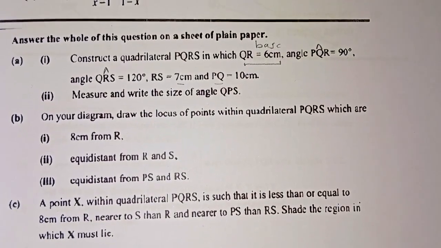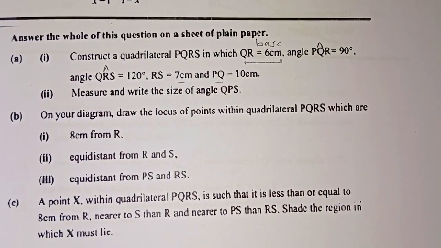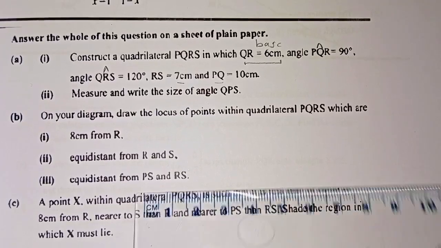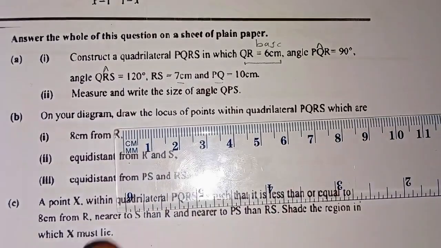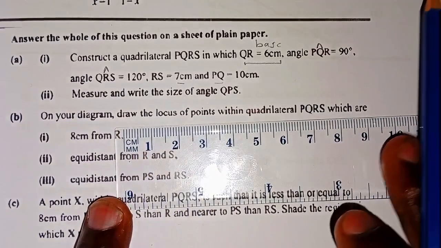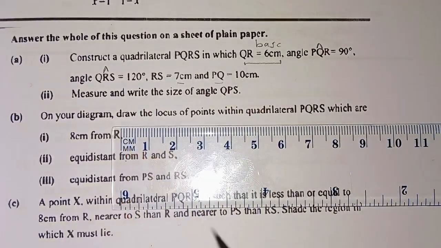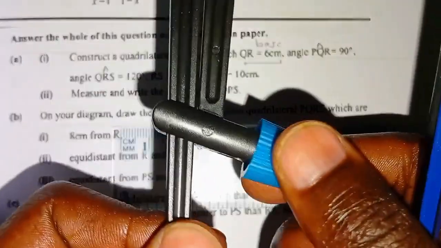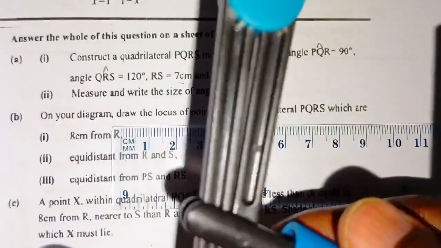And how do we go about that? Using our 12 centimeter rule, make sure that you are using centimeters. Different types of compasses exist, but I like this one because it's big enough for me.